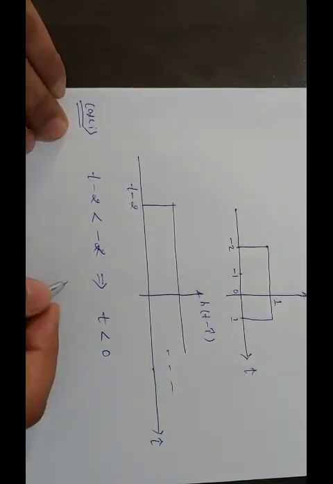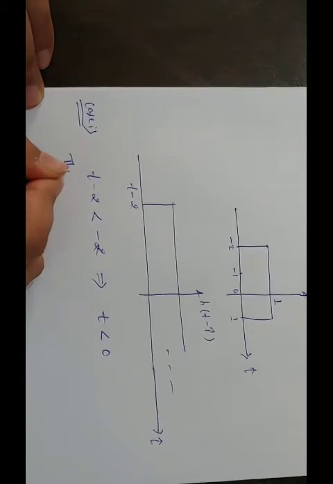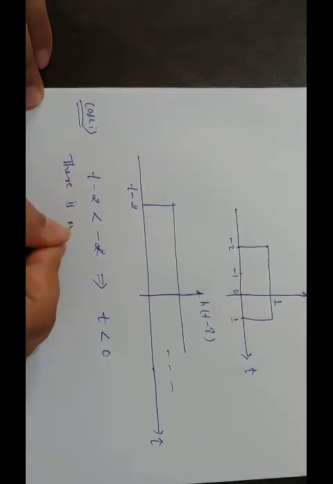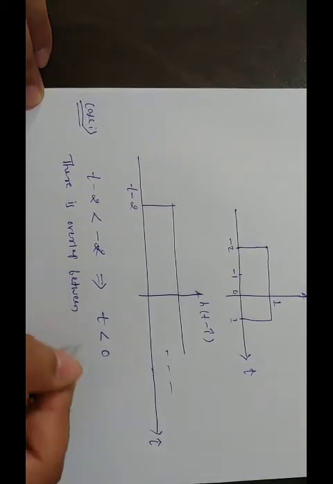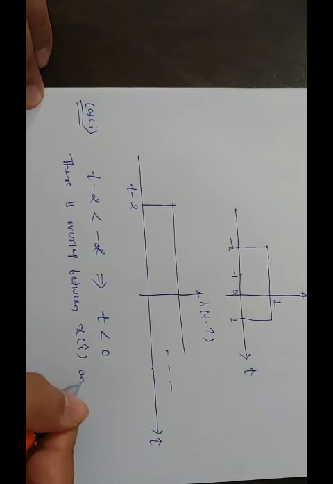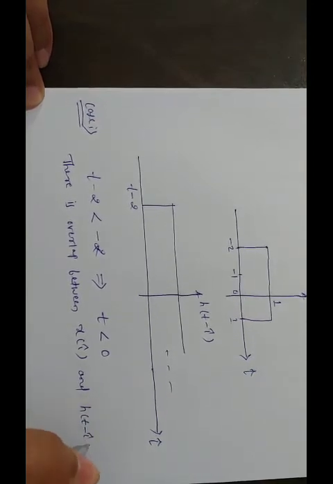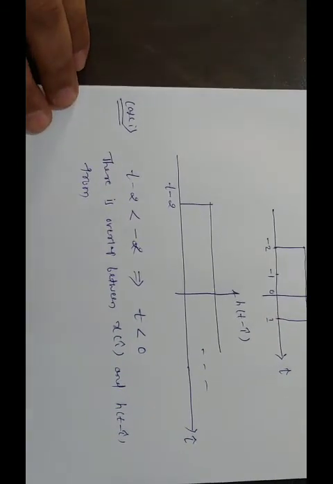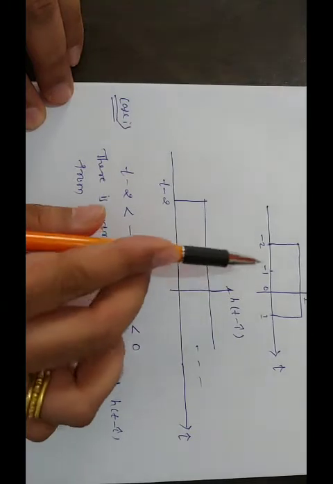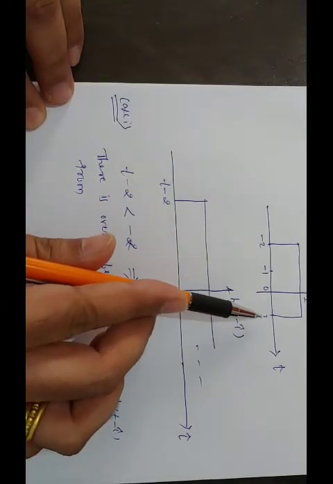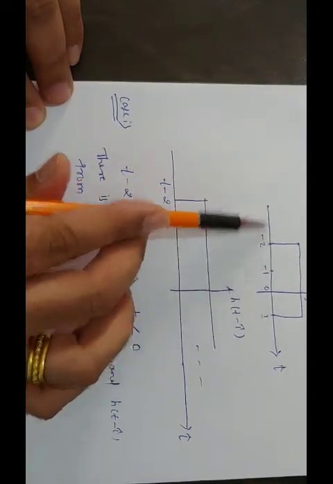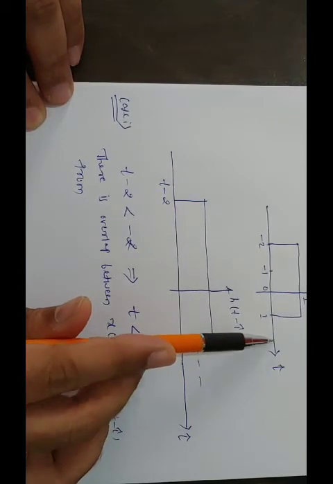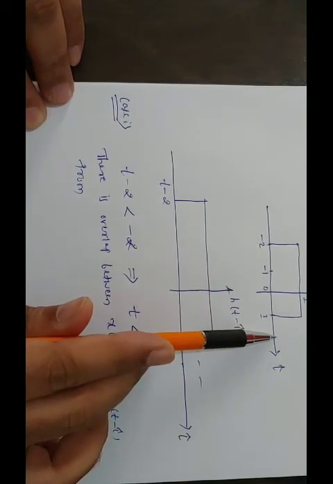Under the condition t less than 0, there is overlap between x of tau and h of t minus tau, and I have to write the range. Look here: minus 2 to 1 is the overlapping range, because before minus 2, x of tau does not exist, and after 1, x of tau does not exist.